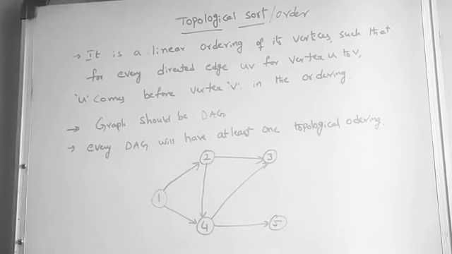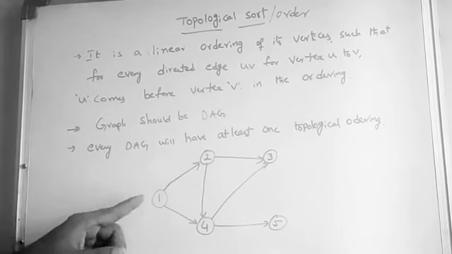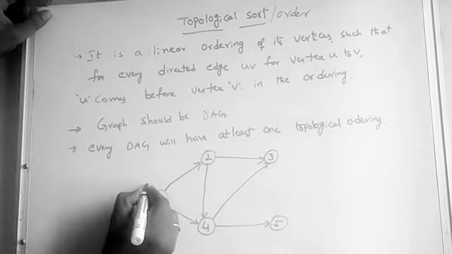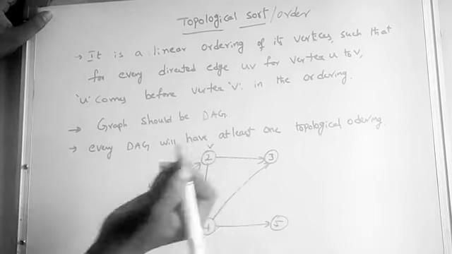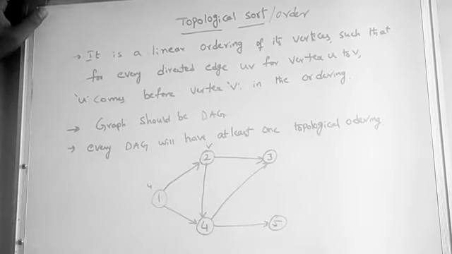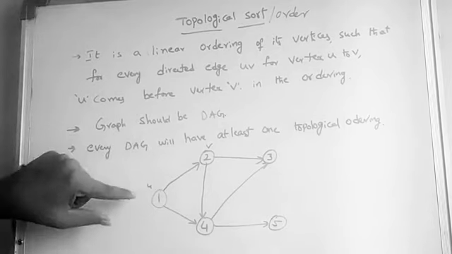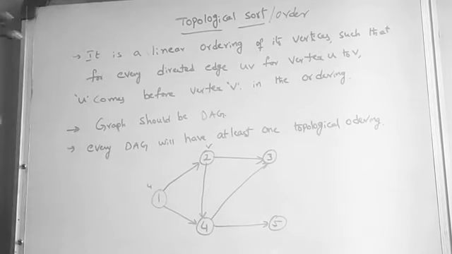For every edge from u to v, u comes before the vertex v in the order. So this is the basic definition of topological sorting.